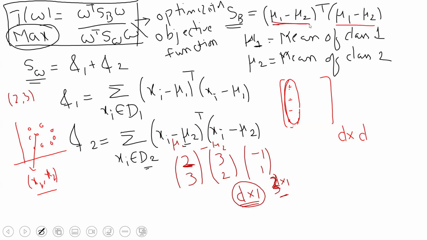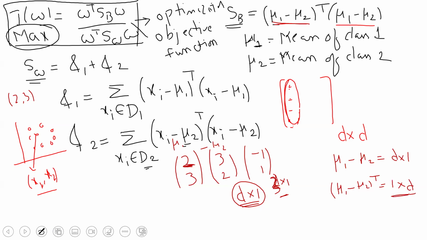So you know mu1 minus mu2 is d into 1. What is the transpose of mu1 minus mu2? What is the dimensionality of that? What is the dimensionality of mu1 minus mu2 whole transpose? It is 1 into d, right?